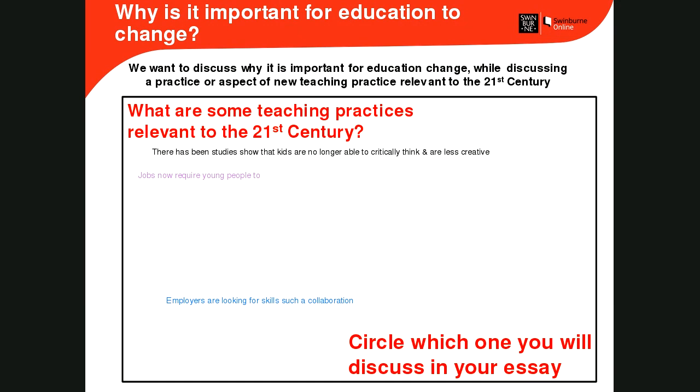Excellent. So in your essay, you would use some of these examples, such as students having difficulty to critically think and are less creative, or you might like to take the angle that employers will be looking for skills such as collaboration, and children need to construct their knowledge based on their experiences.